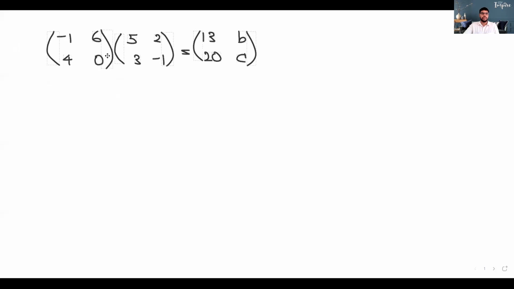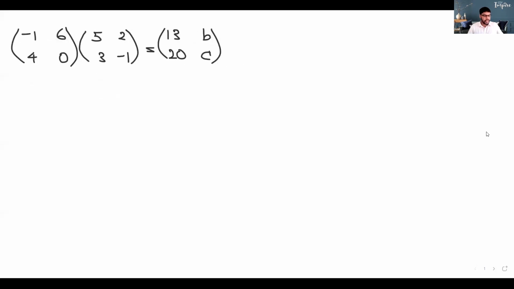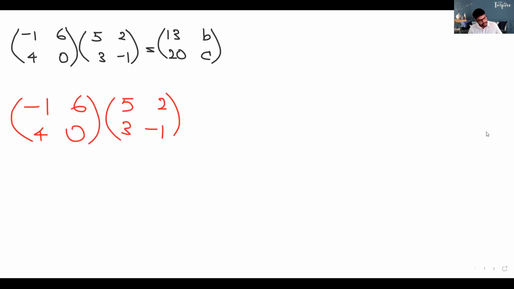We'll multiply the first two matrices. So by now you all should be comfortable with matrix multiplication. So let's write it out. 4 and 0, and the second matrix is 5, 2, 3 and negative 1. So children, to multiply these two matrices, you know how this goes by now.